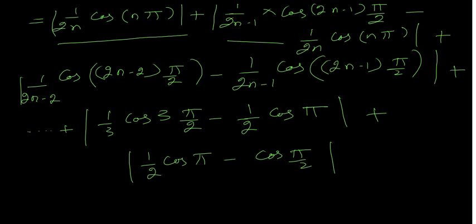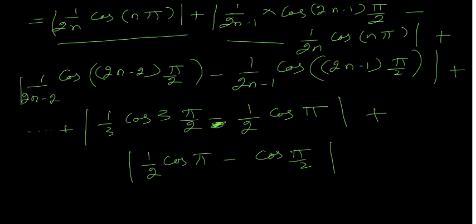Okay. So cos of 3 times pi by 2, cos of an odd multiple of pi by 2, is equal to 0. Now this one, cos of pi is minus 1, so it's minus 1 by 2 into minus 1, that's plus 1 by 2.